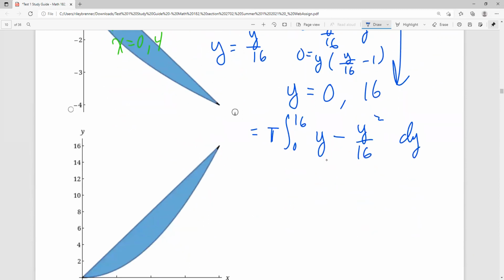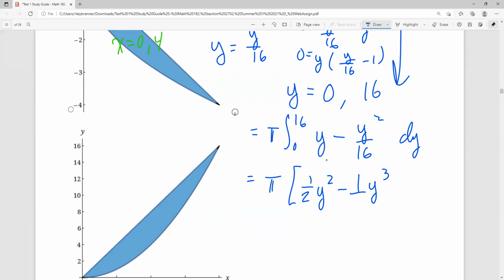Let's simplify this out. What do we get? It's pi times 1/2 y squared minus y cubed, and this will be 1 over 16 times 3, right? So what is that? It's 48, right? Yeah, 16 times 3 is 48.